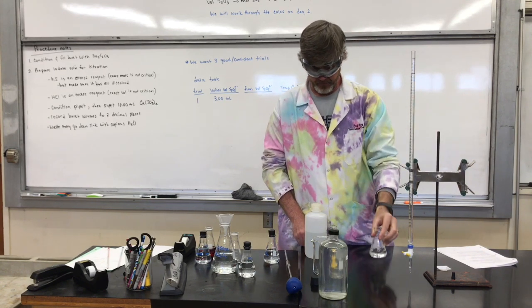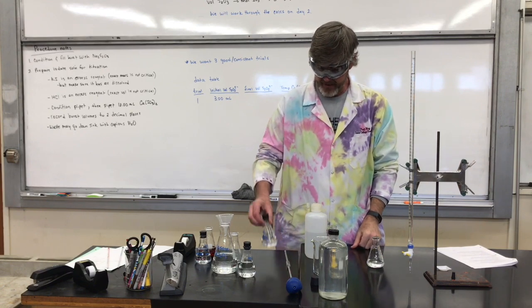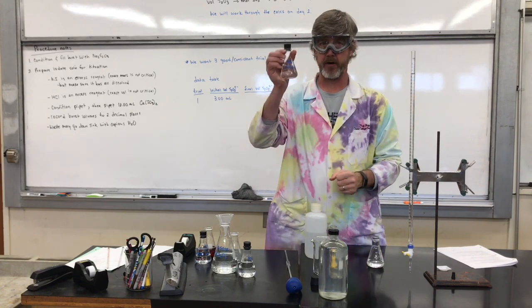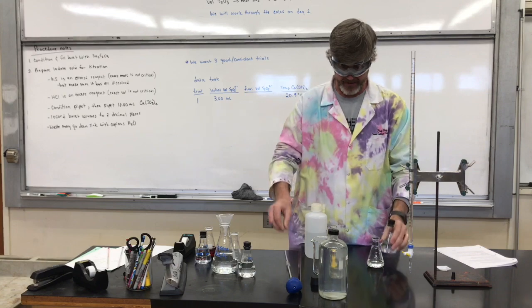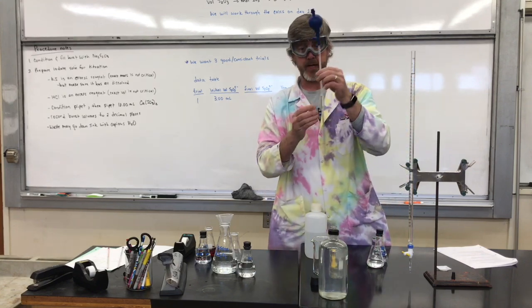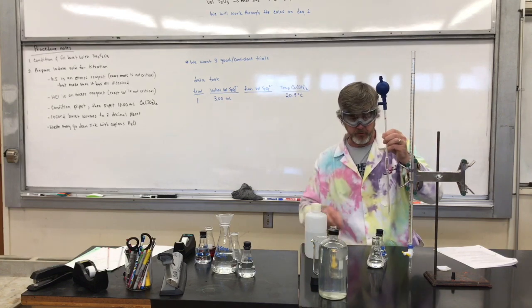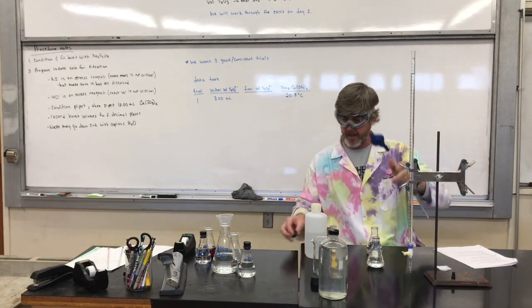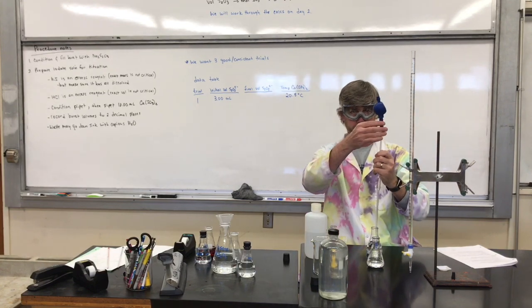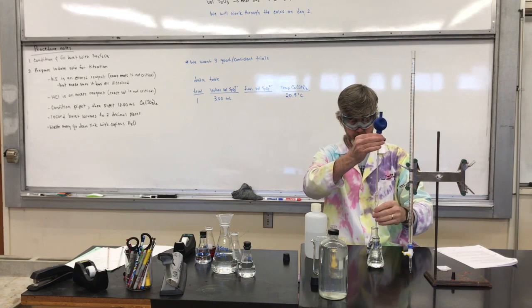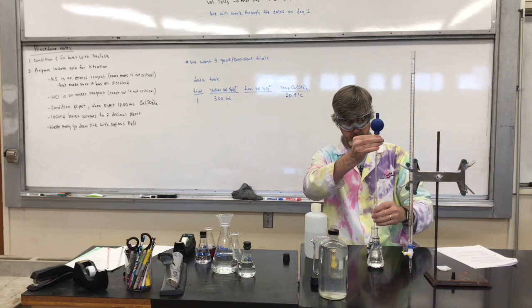There we go. Next, we want to add 10.00 mils of our saturated calcium iodate. Now, I've already rinsed and conditioned my pipette. So we'll go ahead and transfer 10 mils. We're going to draw our liquid into our pipette.